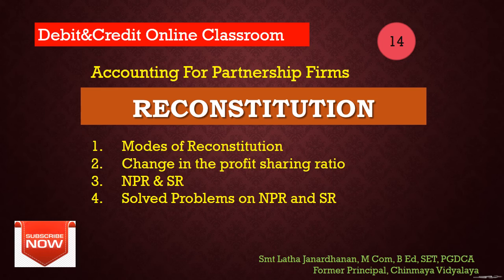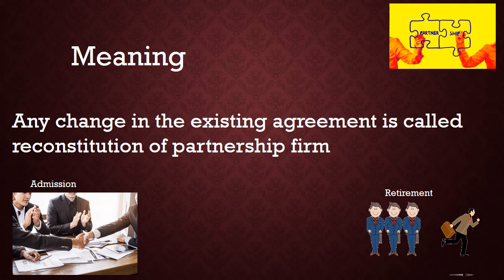For your better understanding, many problems are included in this video on new profit sharing ratio and sacrificing ratio. We know a partnership comes into existence with an agreement to share the profits. So, if any change in this existing agreement is there, then it is called the reconstitution of the partnership firm.